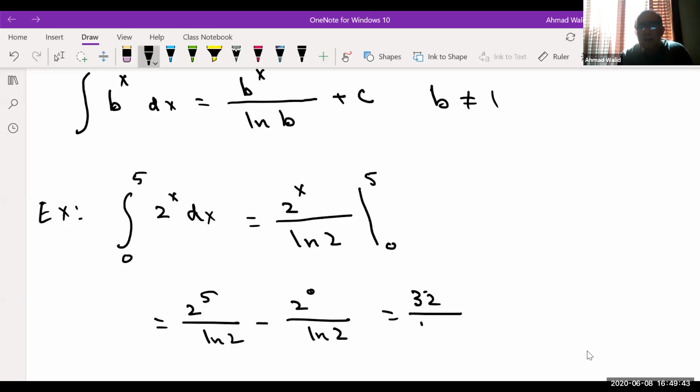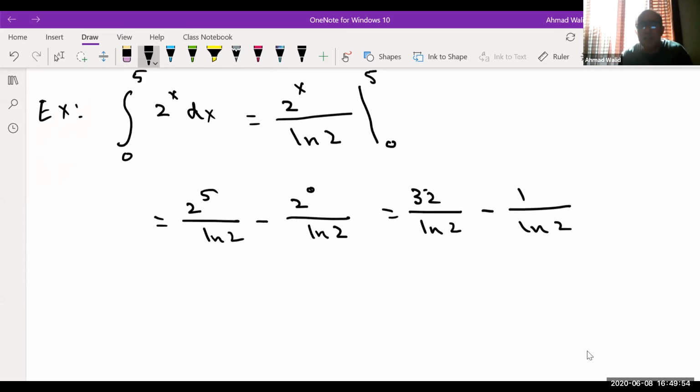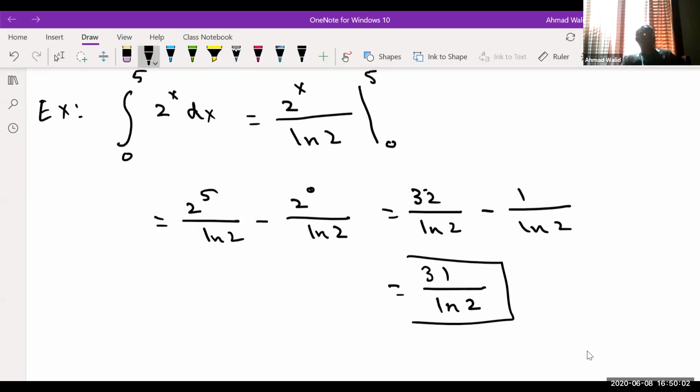So 32 over ln 2 minus 1 over ln 2. Denominators are the same, subtract the numerators. Then you can write this as 31 over ln 2, final answer. Very easy. You just have to remember the formula: the integral of b to the power of x equals b to the power of x over ln b. That's the rule.